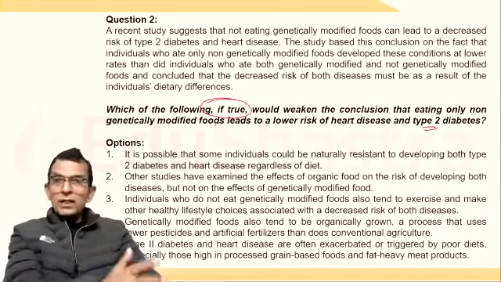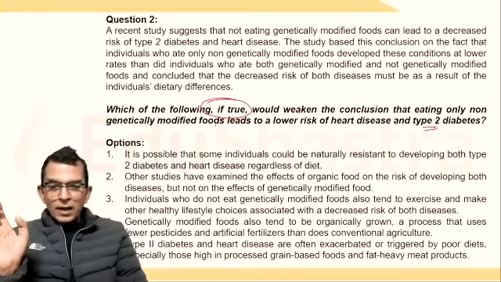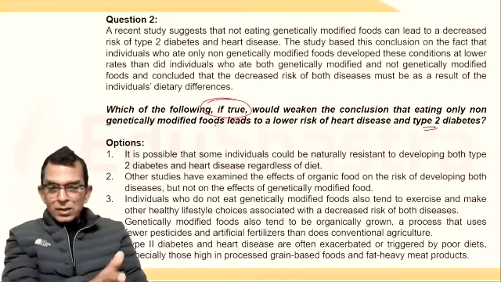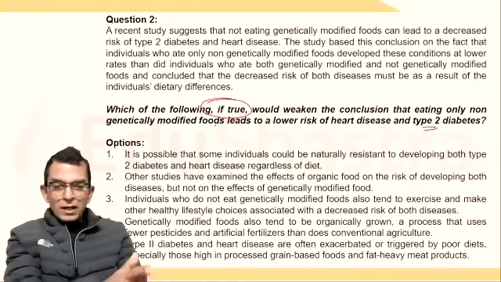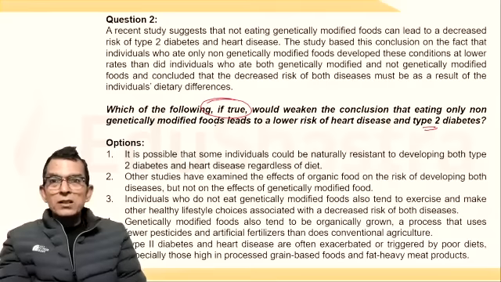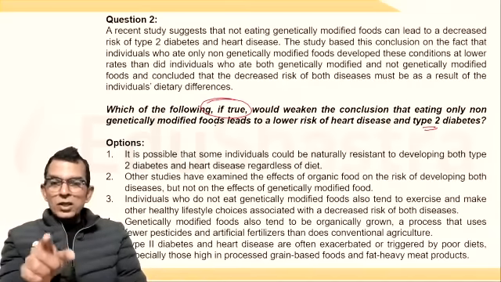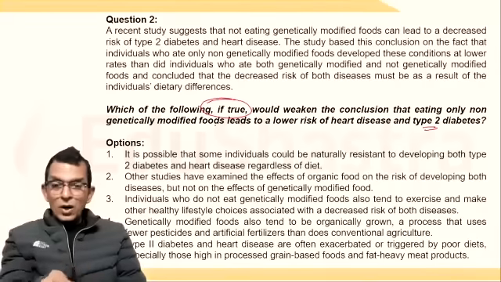In the fifth one, what you're saying is type 2 diabetes and heart disease are often exacerbated by poor dietary foods, and eating highly processed, fatty and heavy meat products. Here, what you are trying to say is it is non-genetically modified foods or also these kinds of foods.